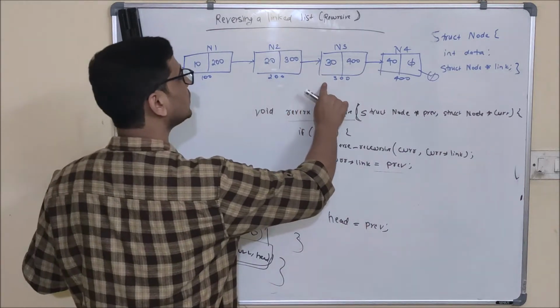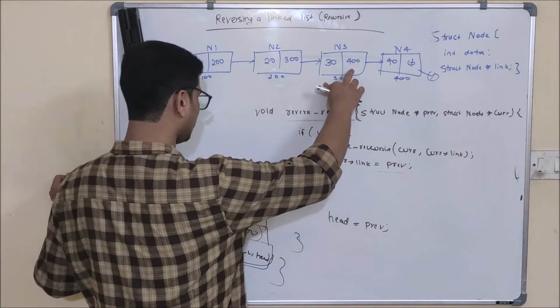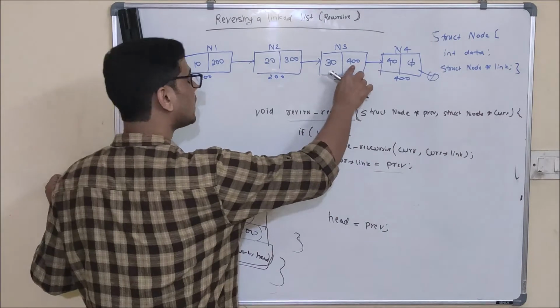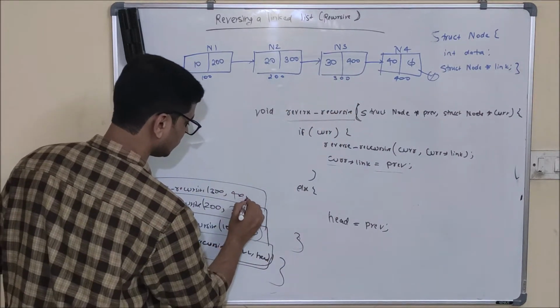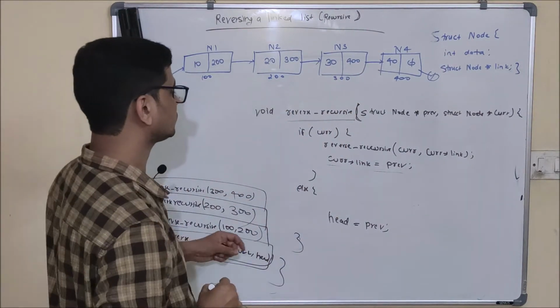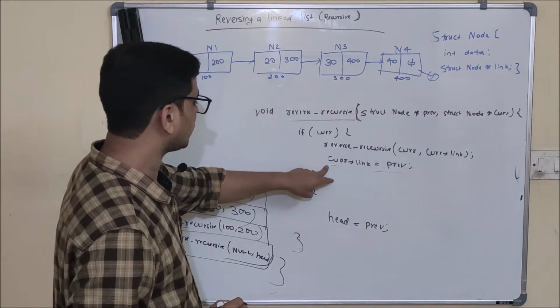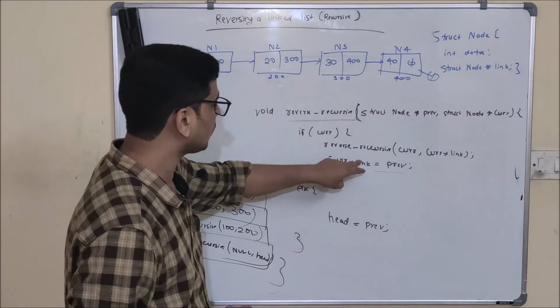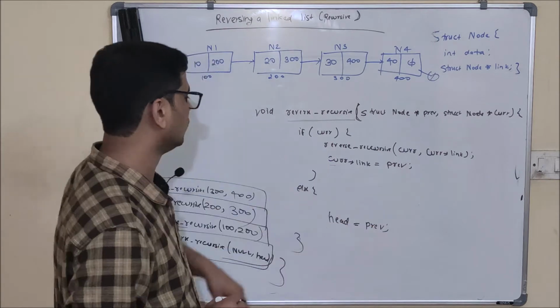Current is 300 and what is its link part? 300's link part is 400. After that this function call will be made and this line will go on hold.